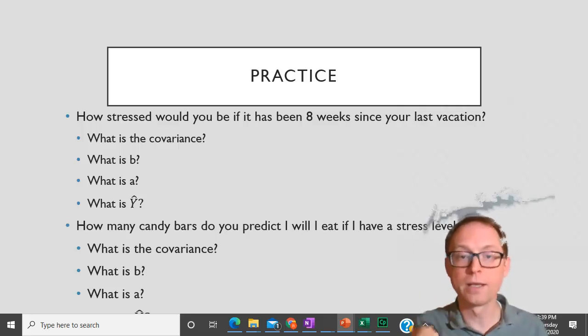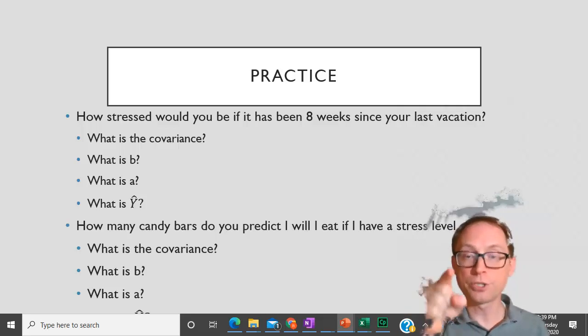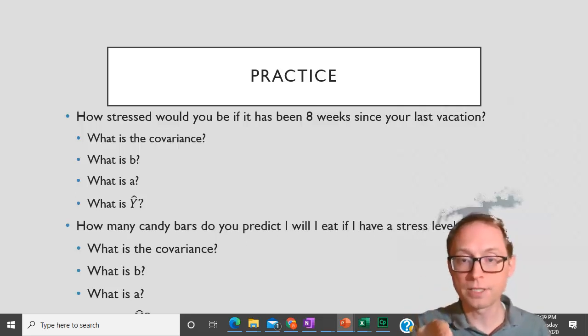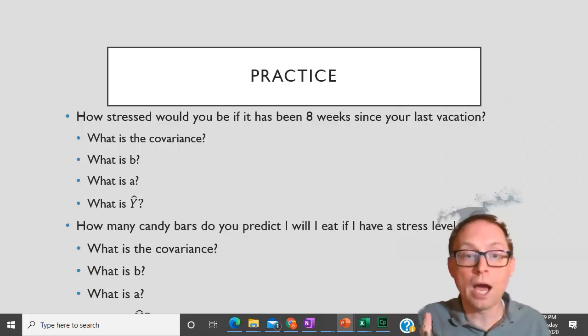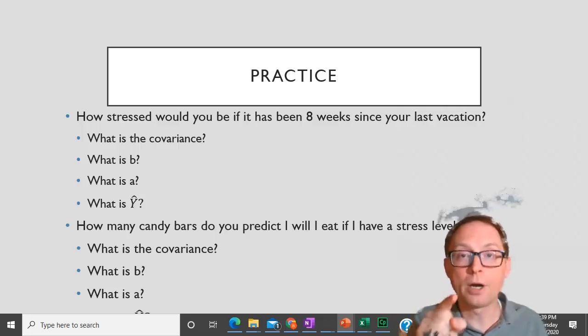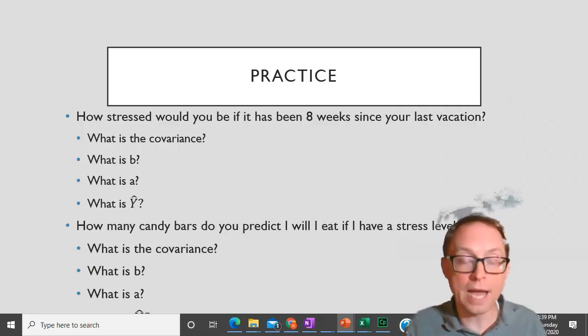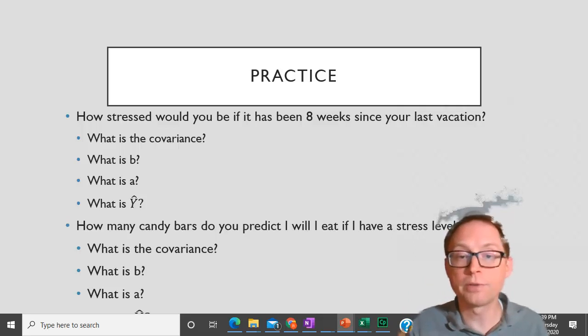X, the variable, is going to be stress in this case. I want you to tell me how many candy bars I'm going to eat. I don't know how many candy bars I would predict with the stress level of 12. It is y hat. Candy bars is y. And the exact value when you have a stress level of 12, that's y hat.